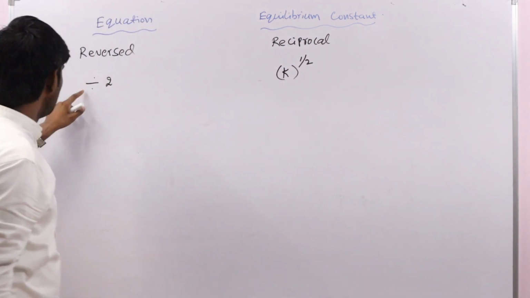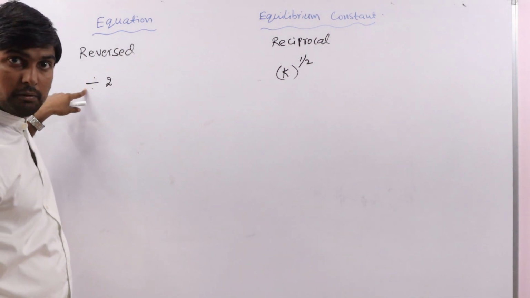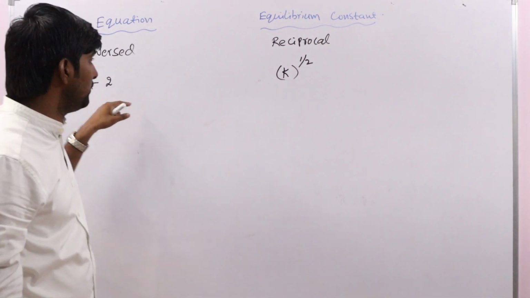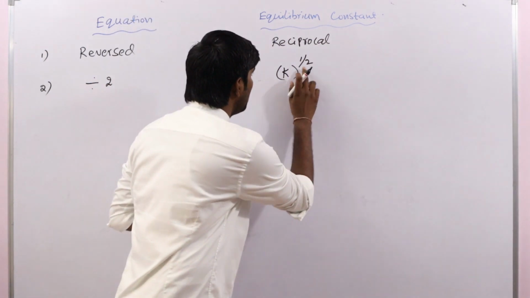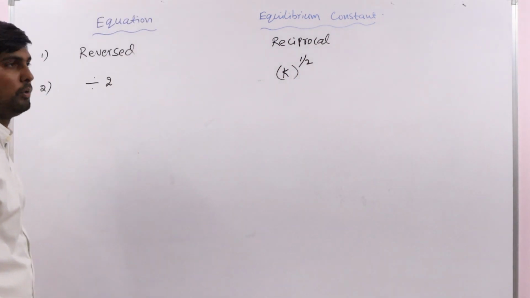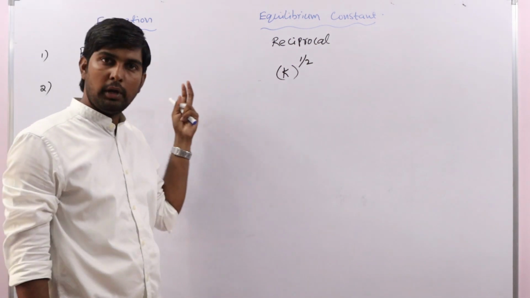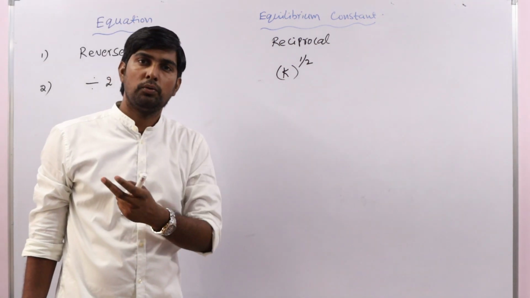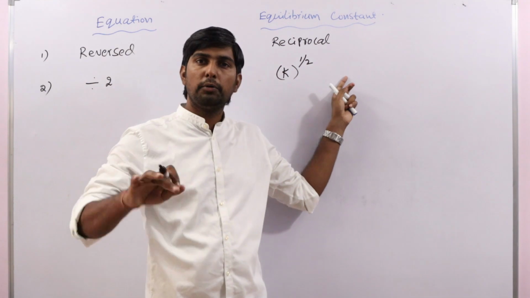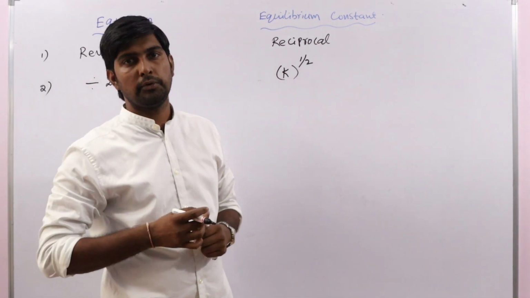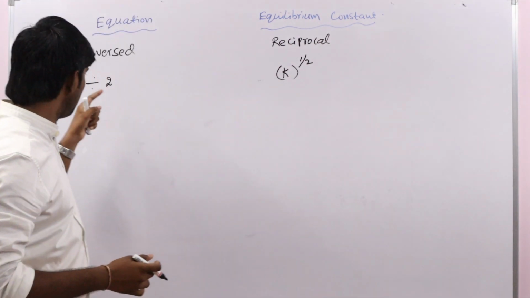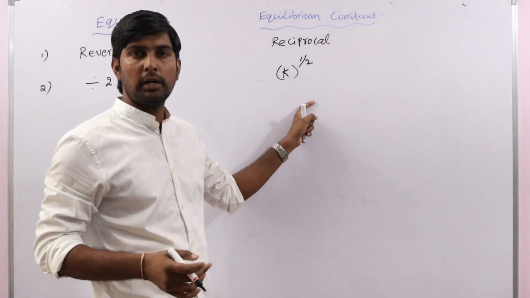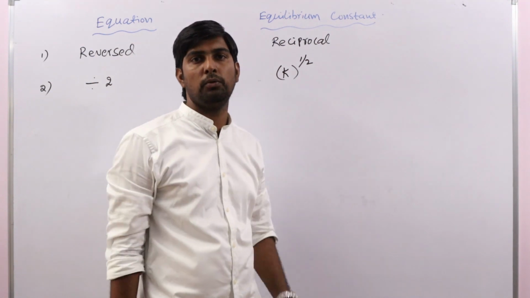So when the old equation is divided by 2, the equilibrium constant of the new reaction will be the old equilibrium constant whole power 1 by 2. For the old reaction, if the equilibrium constant equals 2, then here it will be 2 power 1 by 2, that is square root of 2. Here it is 5. When the reaction is divided by 2, the new equilibrium constant will be 5 power 1 by 2, or square root of 5.